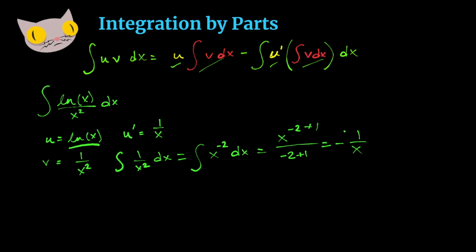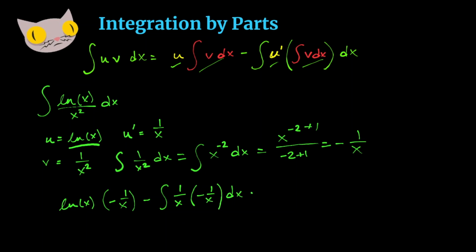Now when we combine, we get natural log of x times negative 1 over x minus the integral of 1 over x times negative 1 over x dx.